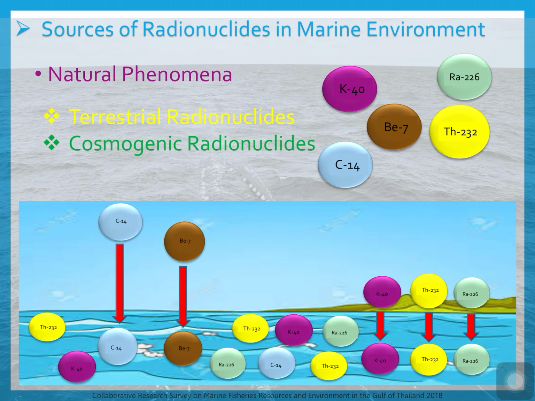They were produced by the interaction of the cosmic ray and the elements in the atmosphere. Once they are produced in the environment, they can deposit and accumulate in the coastal and marine environments. So they can be detected in the seawater, sediment, and also the marine species.